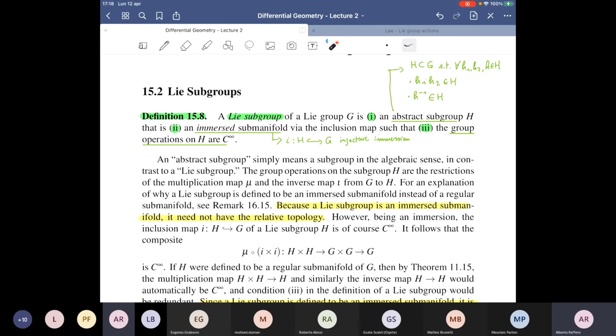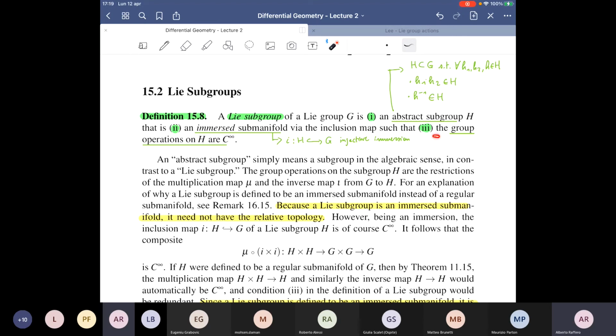And finally, as you saw, there are some issues related to the fact that a manifold is only immersed and not embedded. In particular, it is not for free that the restriction of the codomain of some smooth maps defined on the submanifold are again smooth.